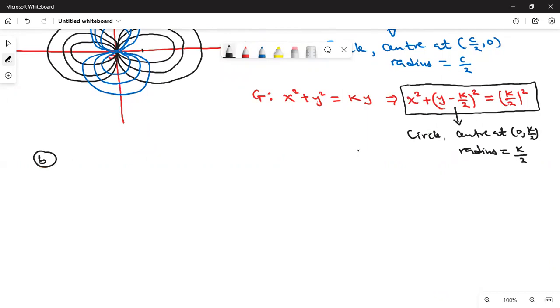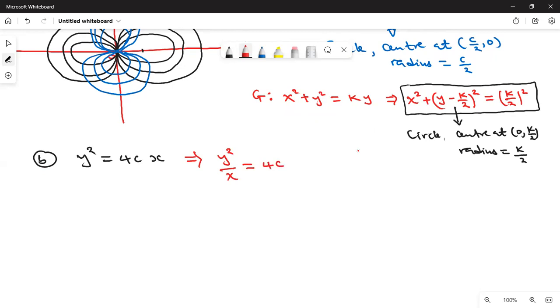In part B, what are we given? That y squared is equal to 4cx. As usual, make the constant the subject. So you can as well write this as y squared over x is equal to 4 times c.